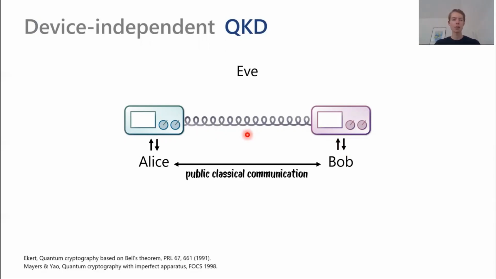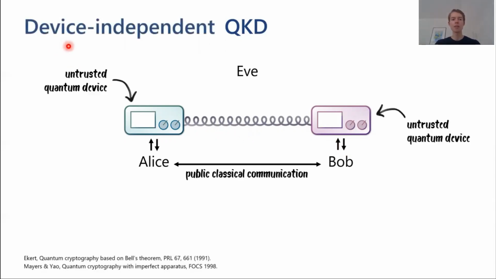What makes such a protocol device independent is that we don't want to place any assumptions on what these quantum devices do inside. So for example, this device might have a button which says make computational basis measurement, but Alice doesn't want to assume that when she presses this button, the device actually does a computational basis measurement. The device can just do whatever. We don't want to make any assumptions about the device.